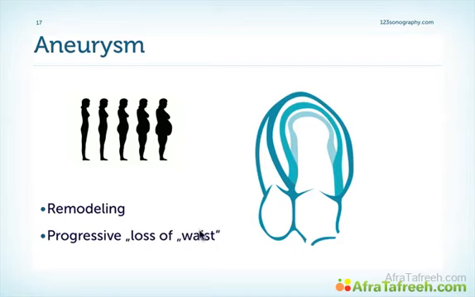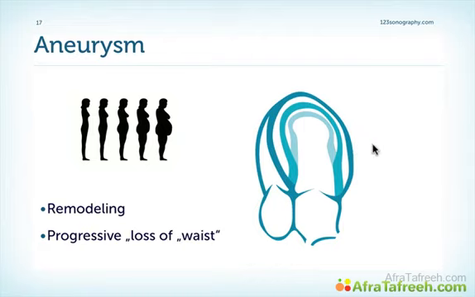To explain this, take a look at this diagram. Let's say in the initial phase the patient has an infarct and he develops an aneurysm. The definition is quite clear. He has a neck and a widened apex, and all myocardial segments are involved. Then the ventricle starts to remodel, and what happens is he actually loses the waist, and then he also loses the aneurysm because he does not have the typical features of a widened apex anymore.